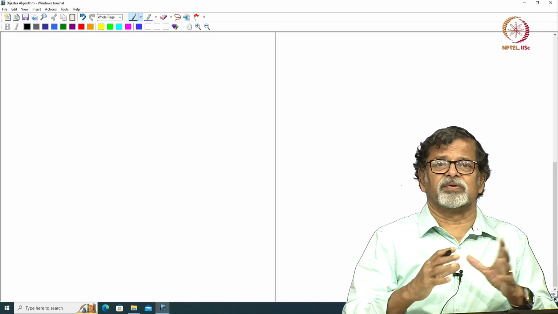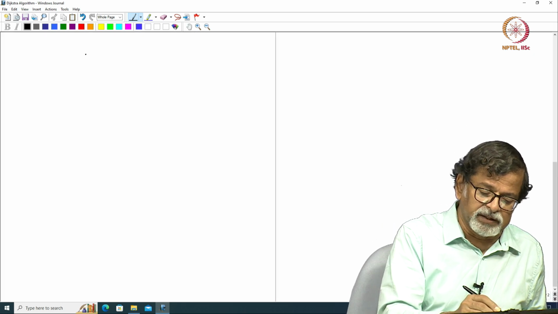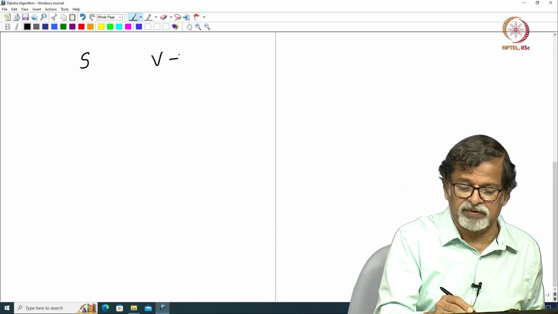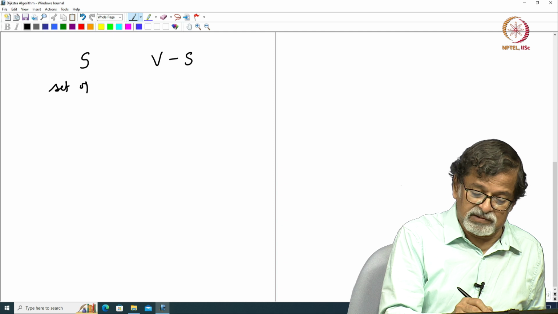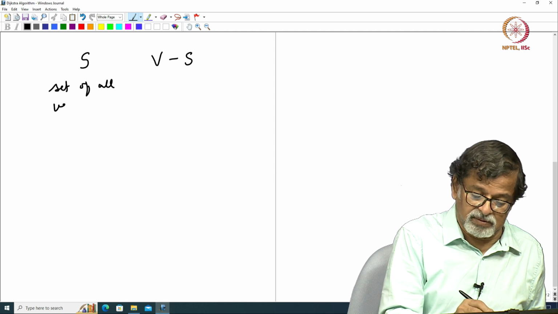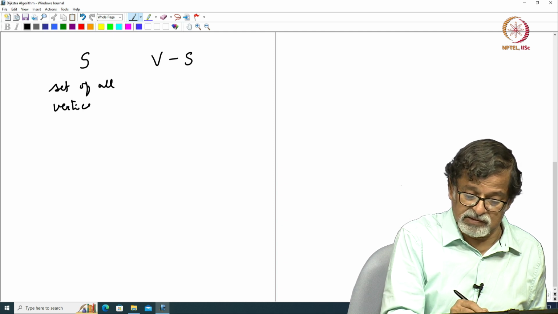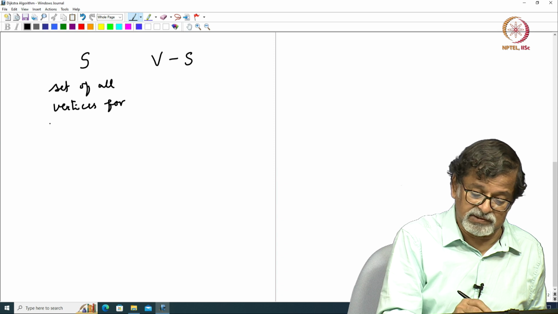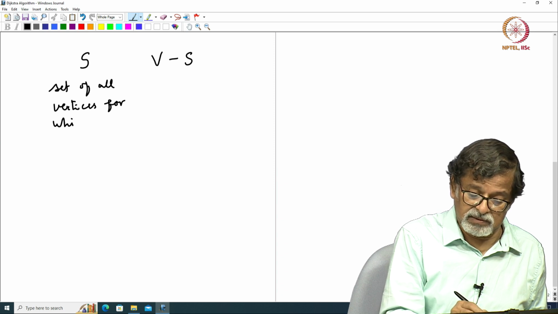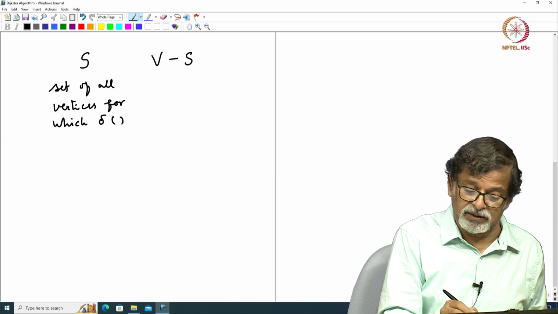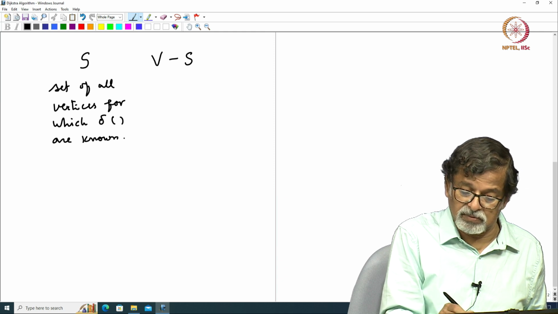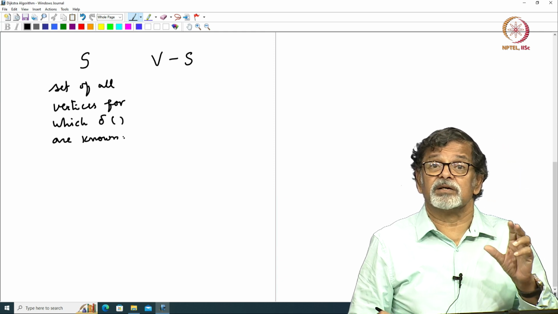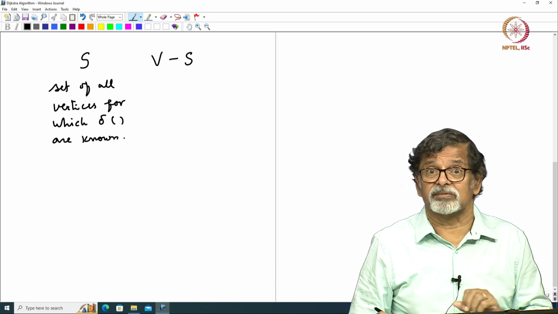We do the following. We maintain two sets, S and V minus S. S is the set of all vertices for which delta values are known, that is, shortest path weights are known.